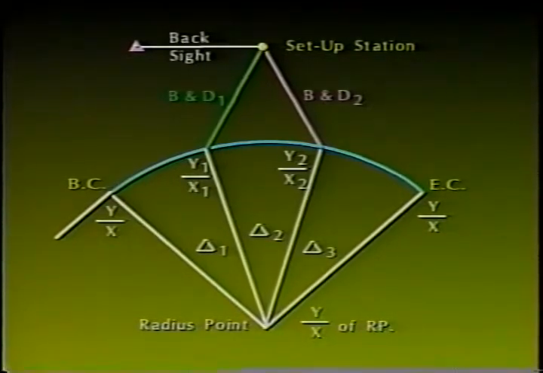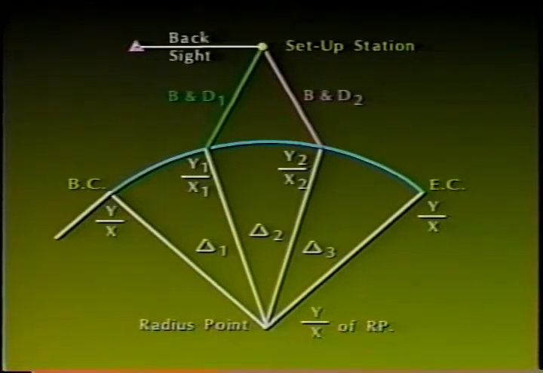Coordinates are calculated for each POC that is to be set to define the curve by using the bearing and radius from the radius point. The bearing of each sub-POC is determined by applying its sub-delta to the bearing of line RP BC. The resulting coordinates of individual POC stations are used to obtain bearings and distances to the POCs from the setup point by the inverse generation process.